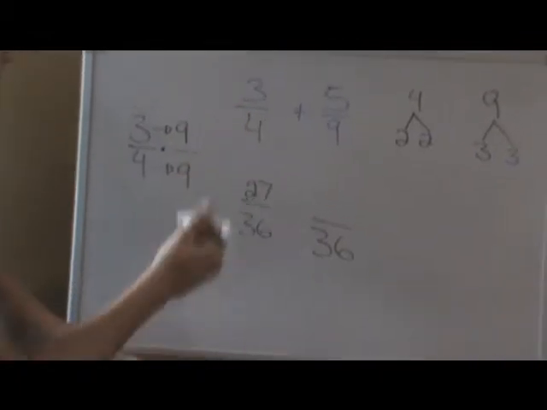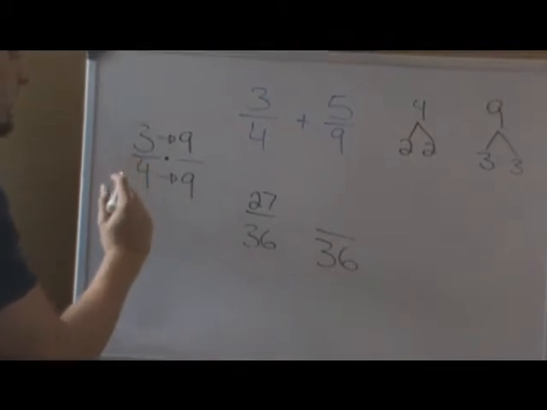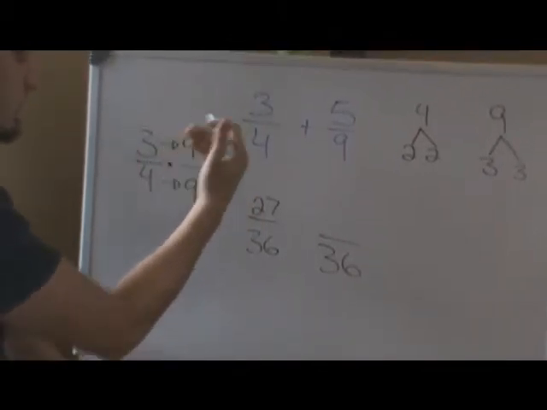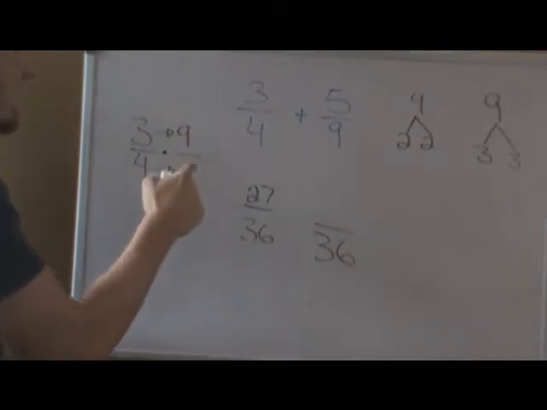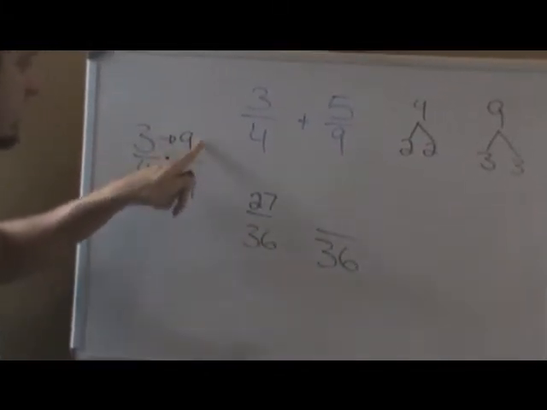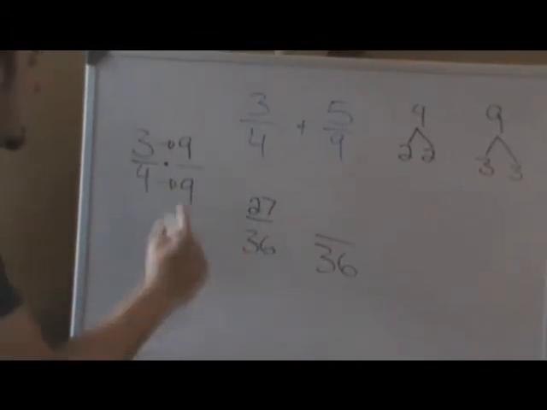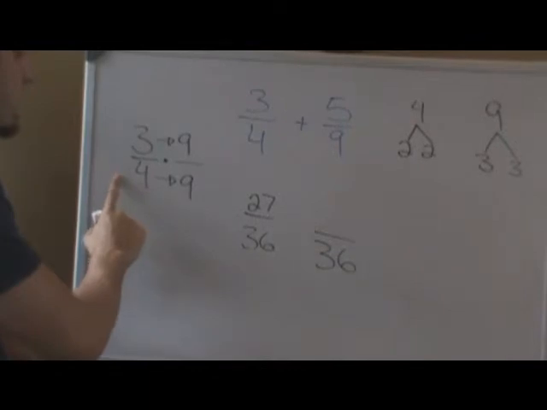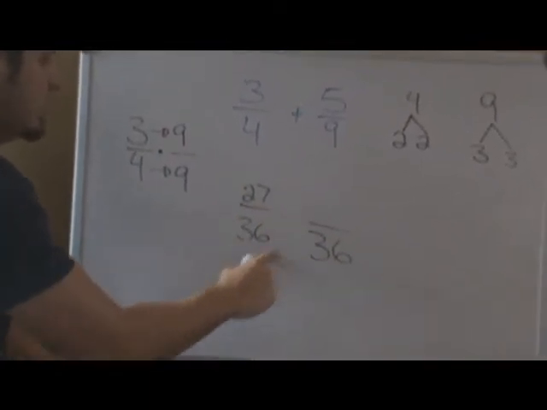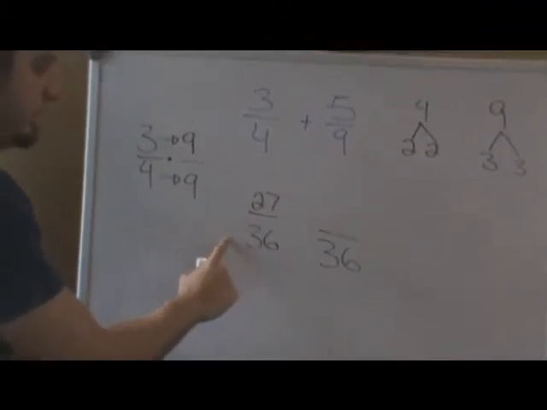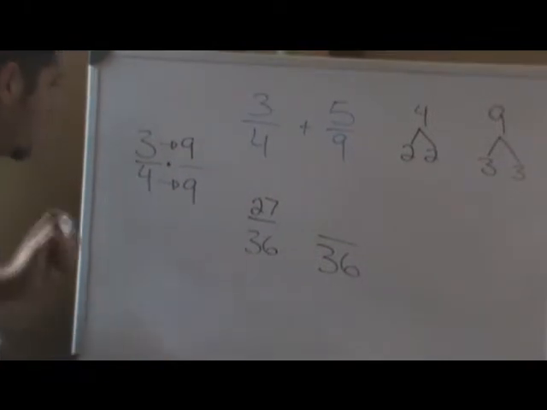So if I'm multiplying both top and bottom by 9, I'm multiplying 3/4 by 9/9. And what is 9/9 equivalent to? 1. 9 divided by 9 is 1. So I've actually multiplied 3/4 times 1, in essence, to get 27/36. So 27/36 is actually equal to 3/4.